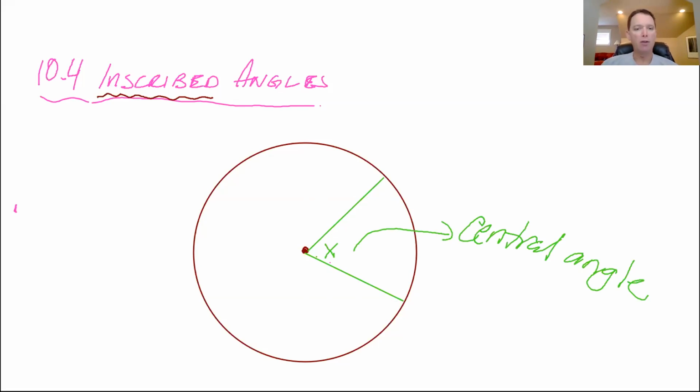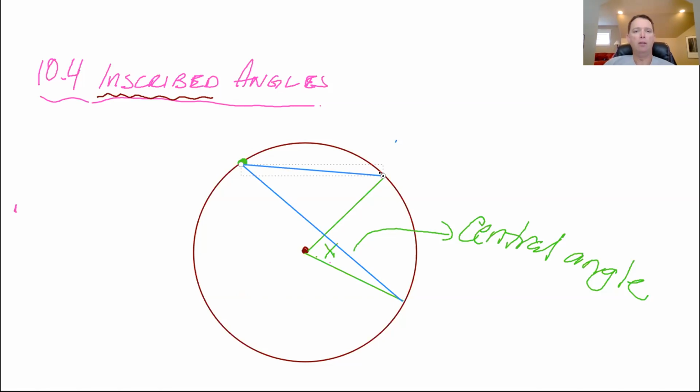There's another kind of angle though, and I think I'll put it here. If we take a point that is on the circle, instead of being at the center of the circle, and we draw lines, I'm trying to draw straight lines this time. We draw lines that cut off an arc.